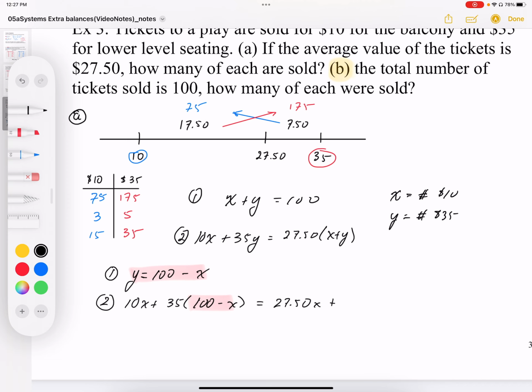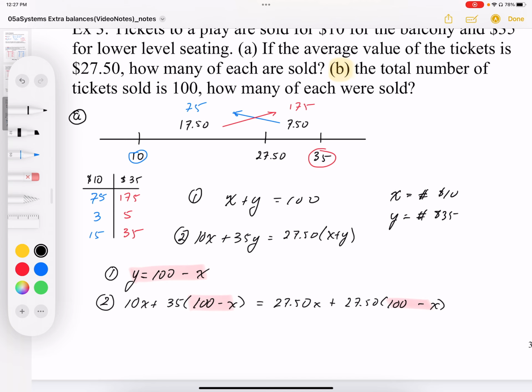27.50x plus 27.50y. And again, I have to substitute for that y with 100 minus x.